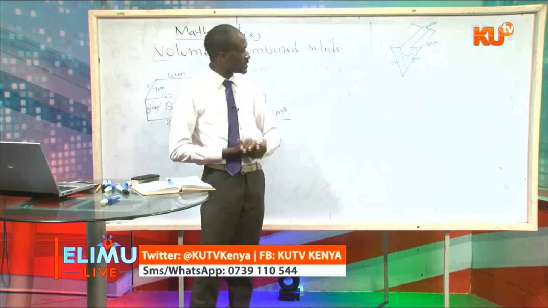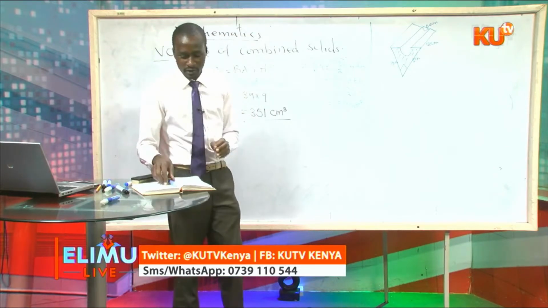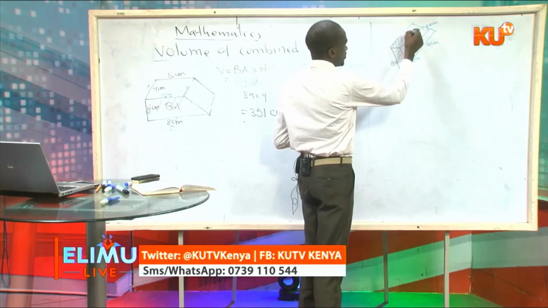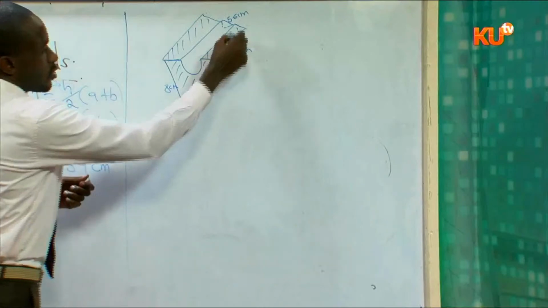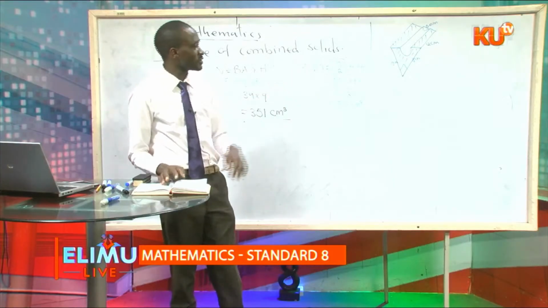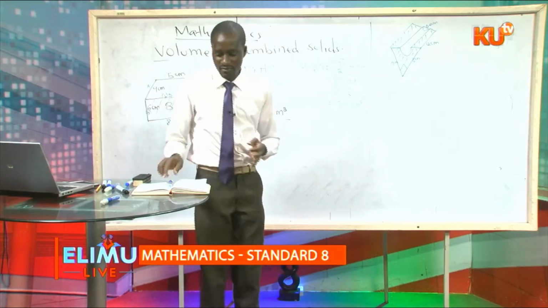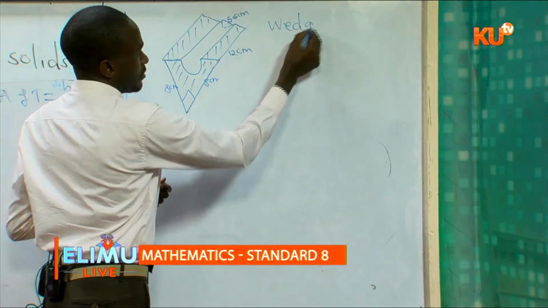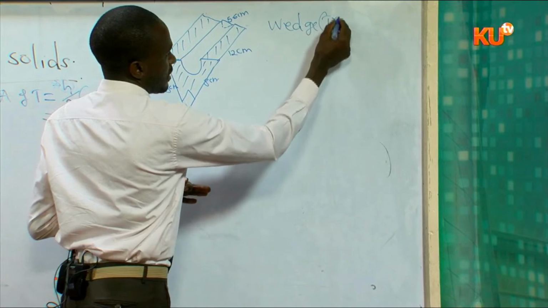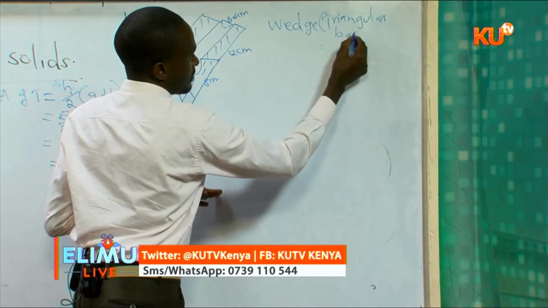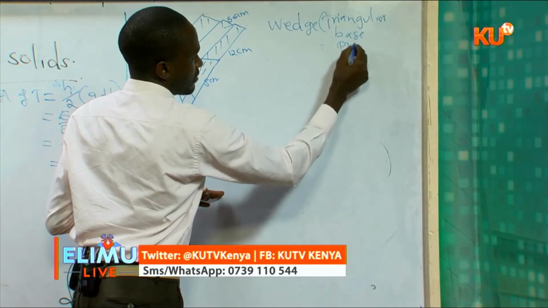For this figure, if you look at it, for a learner, it looks complicated. But when you break it into workable figures, it becomes very easy. Now the first thing you have to ask yourself as a learner, one, I have a wedge, a triangular base prism.